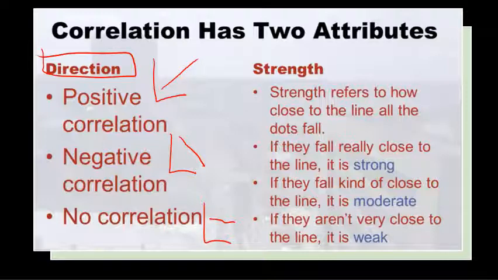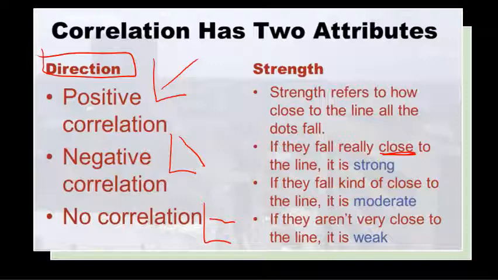Okay, but that's not the only attribute you can look at when you are doing scatter plots. We can also look at the strength. The strength of your scatter plot refers to how close the line is to your dots. If all of your dots fall super close to the line, then we would say it's strong.